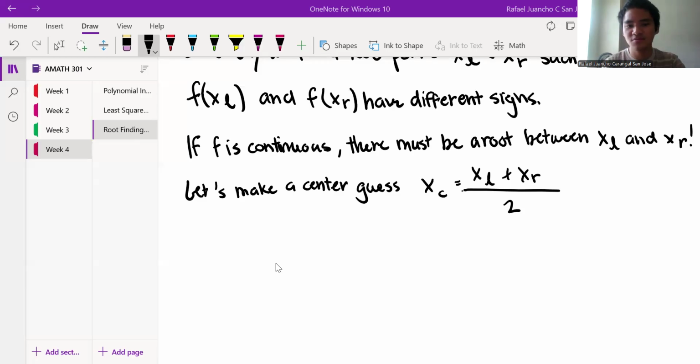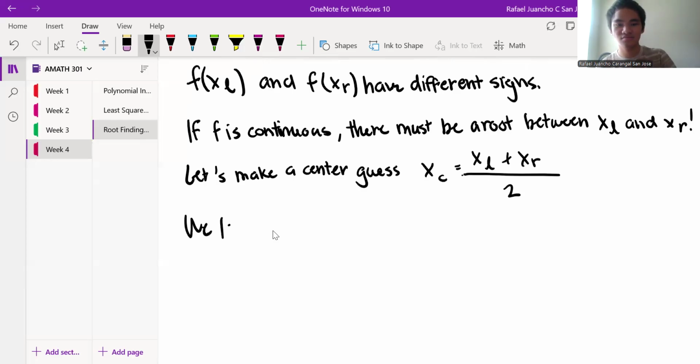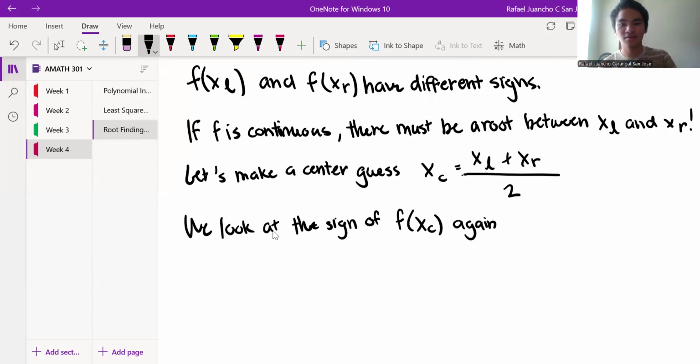And from there, we can again look at the sign of our function at this point and see with which point, x sub L or x sub R, it differs.